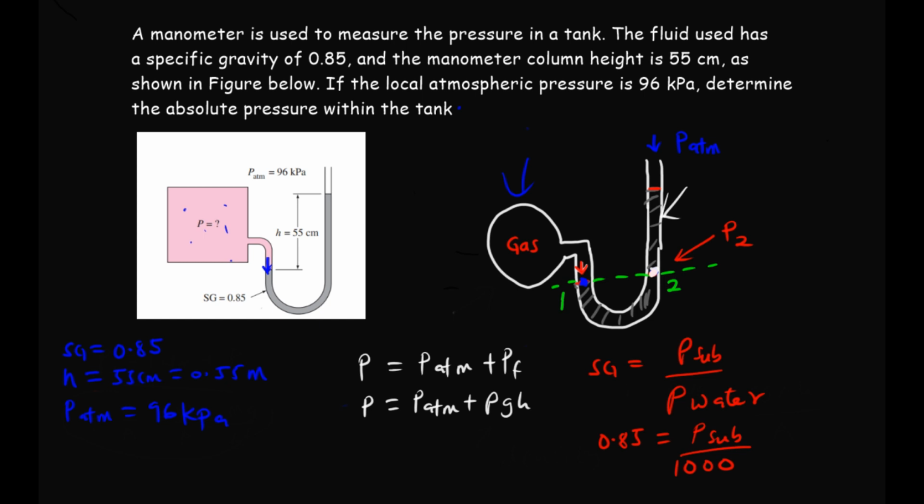Now I want to find the density of the substance, which is the density of the fluid in the manometer. So the density of the substance will be equal to 0.85 times 1000. Let's find the value of this. 0.85 times 1000 gives a value of 850, so I'm going to have 850 kilogram per meter cube.